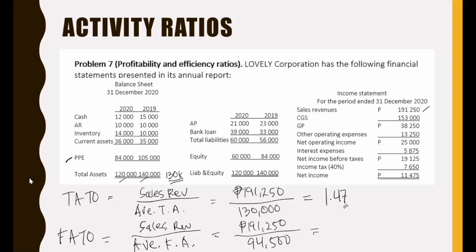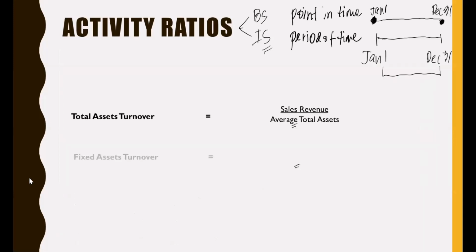And then we get the turnover ratio. 191,250 divided by 94,500. So, this is 2.02. Okay, so same interpretation: for every peso of fixed asset invested, it generates 2 pesos and 2 cents of sales. So that's it for total assets and fixed assets turnover.